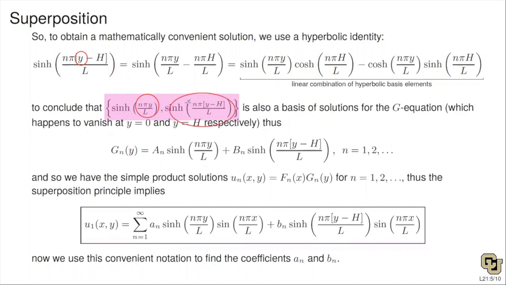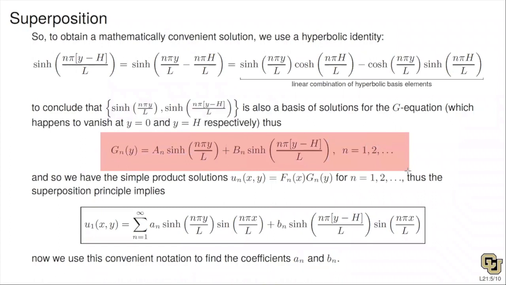Here, if you let y equal to h, the sinh n pi (y minus h) over L will disappear. So now we've got everything in the form that we want that will be mathematically convenient. So finally, we formulate our solution to the G equation in terms of sinh n pi y over capital L and sinh n pi (y minus capital H) over capital L.